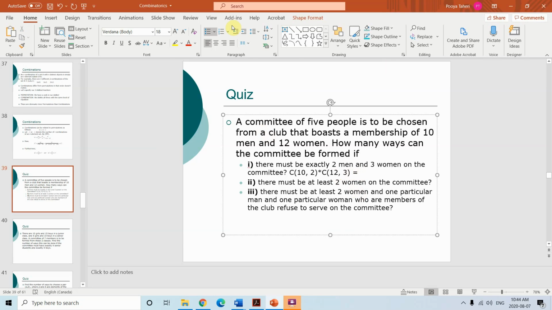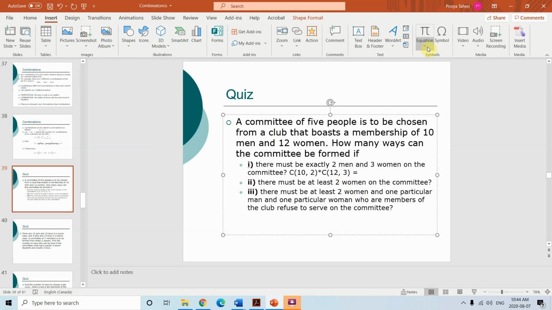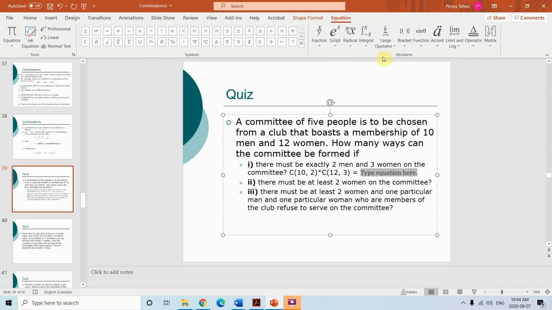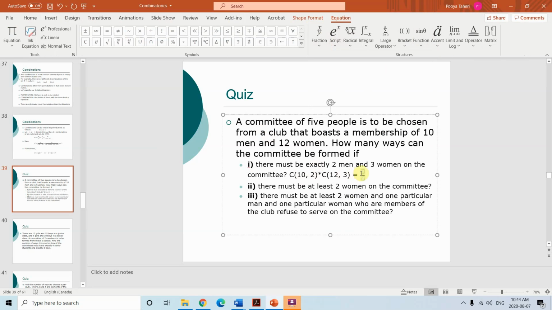So let me actually again show the actual formula. For this one, we would have 10 factorial divided by n minus k factorial, which is 8 factorial, times 2 factorial.